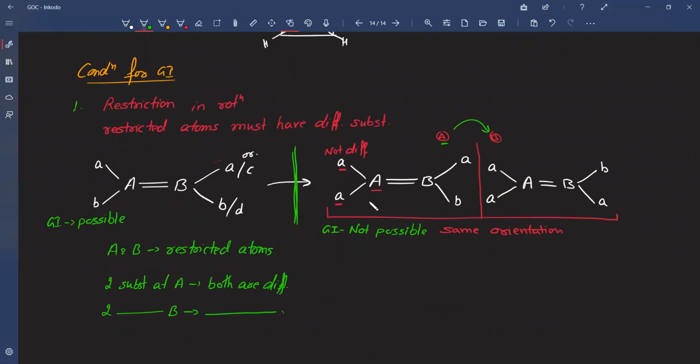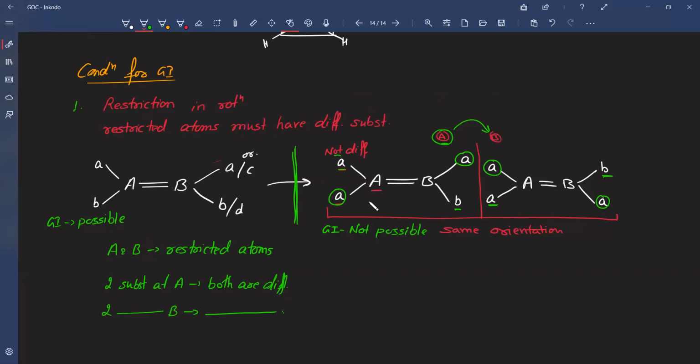In the first structure, that is in structure A, A and B are on the opposite side. Here also A and B are on the opposite side. Then A and A are on the opposite side. Here as well, A and A are on the opposite side. Is it clear?